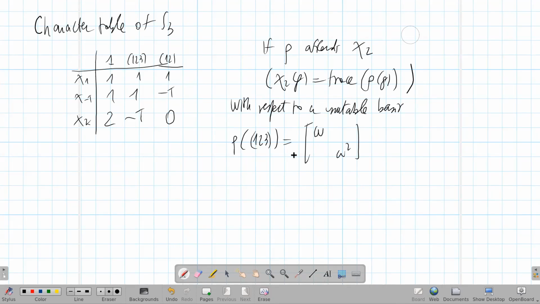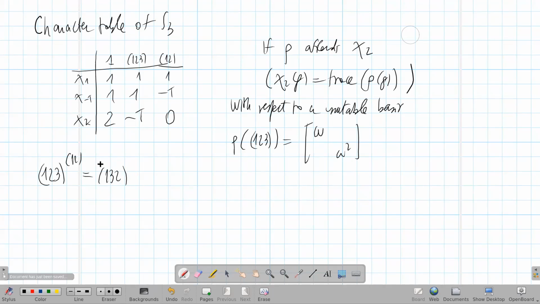And recall, of course, that we still have a choice, because if we take, for instance, a non-zero multiple of one of the eigenvectors, it is still an eigenvector. And then by considering the fact that if you conjugate (1 2 3) with (1 2), you find (1 3 2).